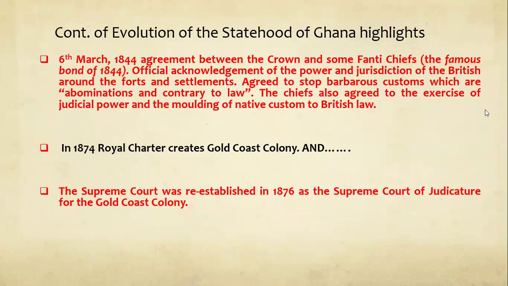We are planning to celebrate in grand style the 125 years anniversary of the establishment of the Supreme Court. And the 125 years is reckoned from this critical legislation, the Supreme Court Ordinance of 1876, which established this Supreme Court.